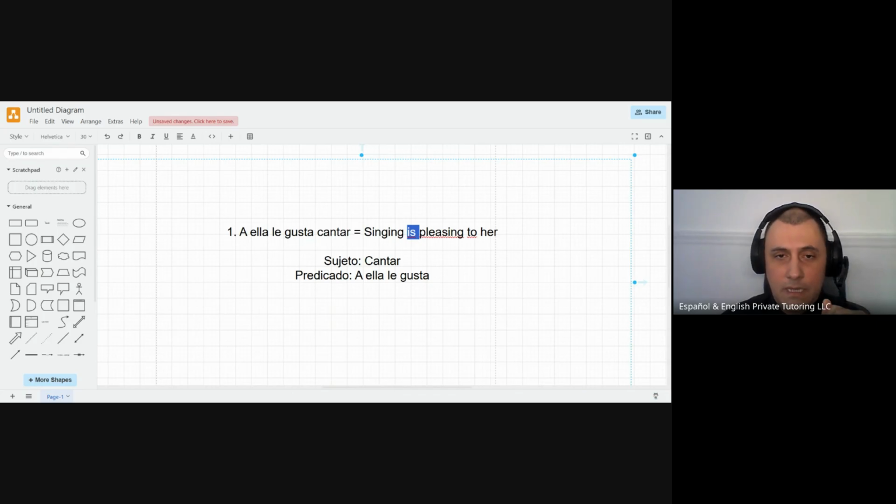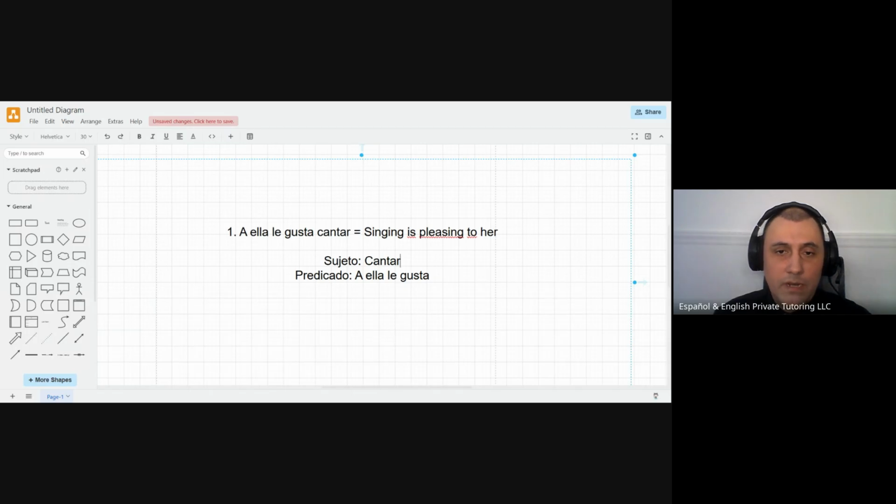It's exactly the same in Spanish. And the difference here is that in Spanish, we don't use the gerund form to make a verb into a nominal verb. We use the infinitive form. For those that don't know what an infinitive verb is, in Spanish, an infinitive verb is any verb that ends in AR, ER, or IR.